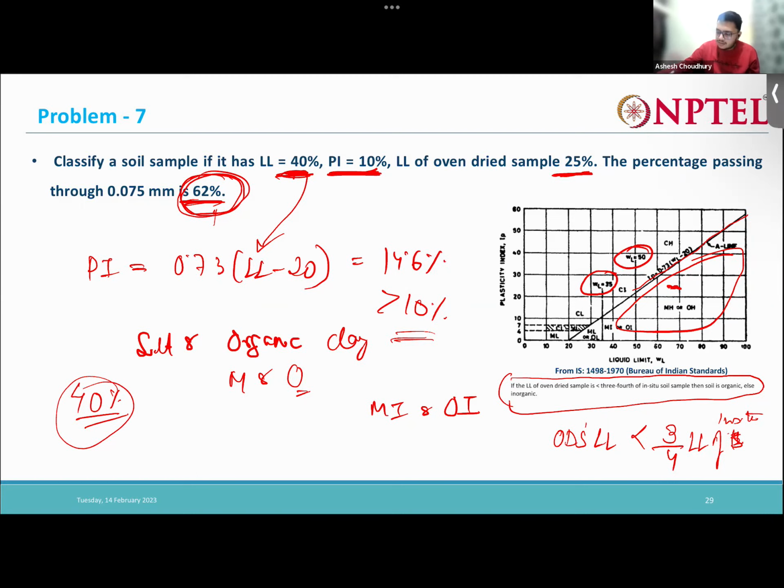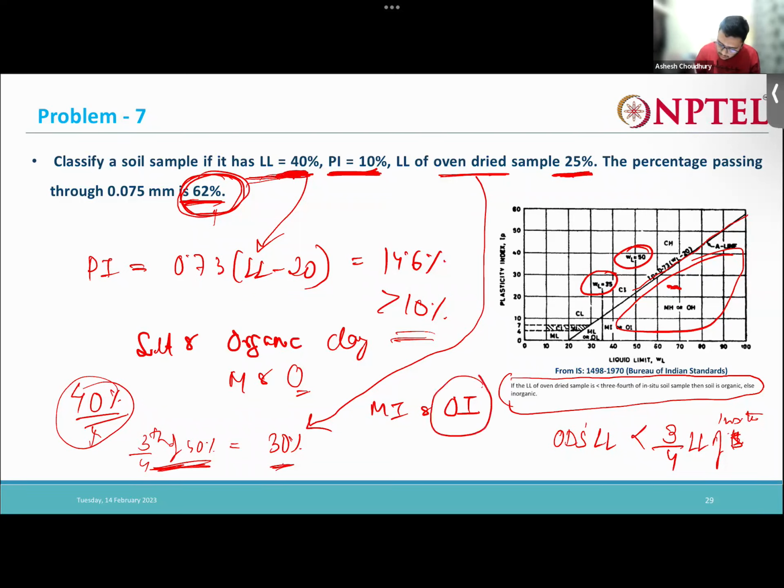Now what is 3/4 of 40%? 30%. So the liquid limit of the oven-dried sample, 25%, is less than 30%. So we can say that our soil is OI.